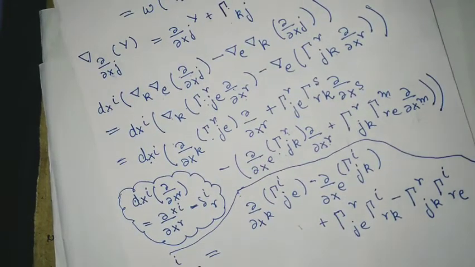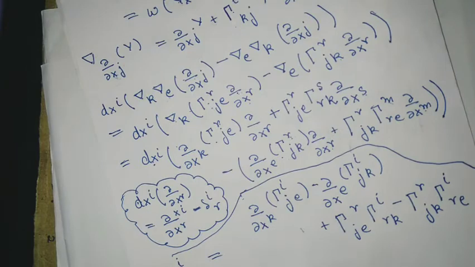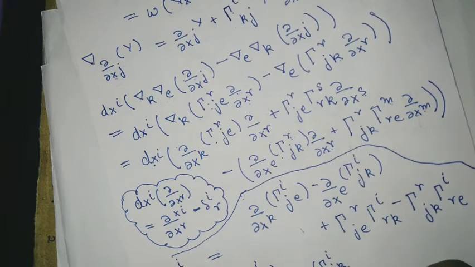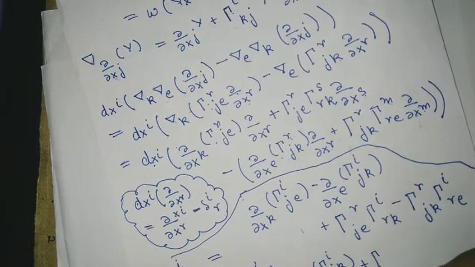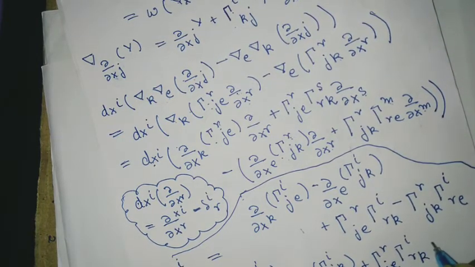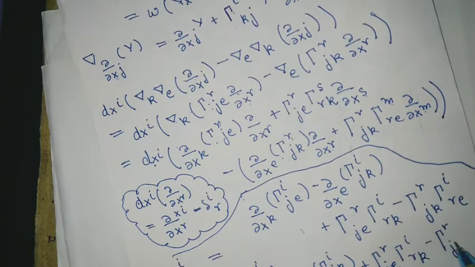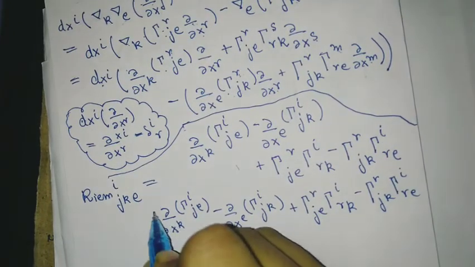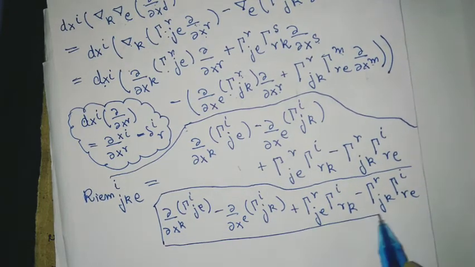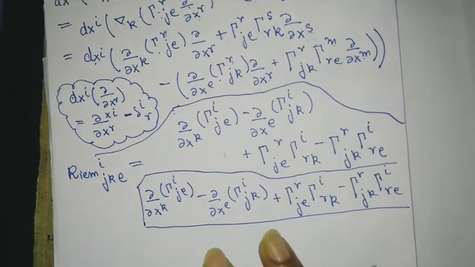Let me write it down in a better way. So del x^k, i j l. So these are the components written.